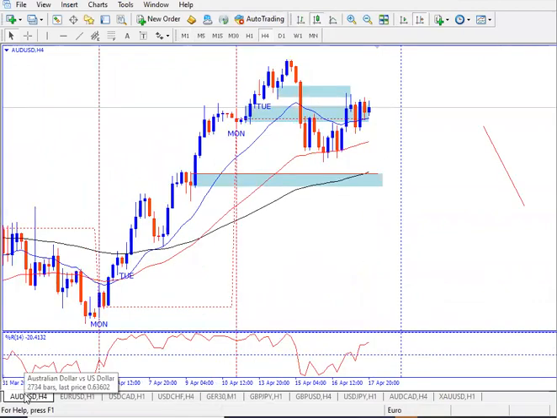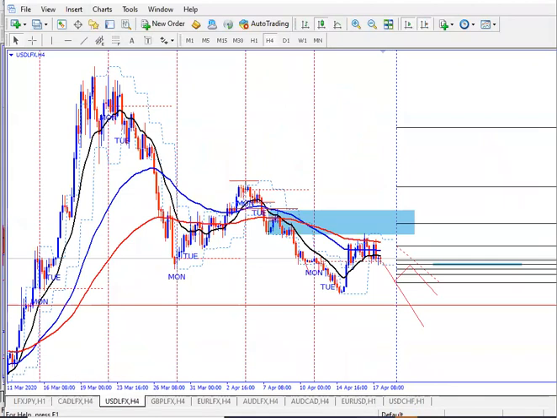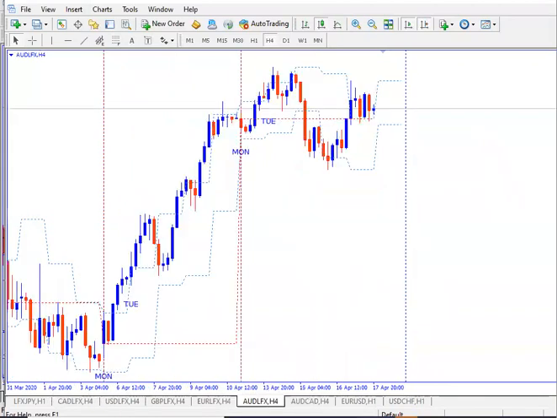I explained this to one of my friends on Discord, because the Aussie dollar and the US dollar is weak, I expect this to go up. However, looking on the Aussie index, this is bearish. It's taken out this low. It's now up into this bearish order block on the 4-hour chart. So I'm expecting the Aussie index to be weak as well and coming down.